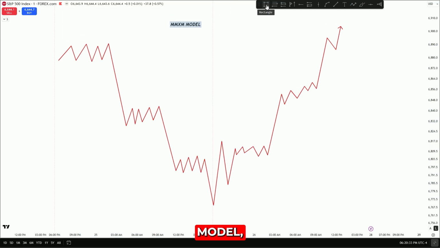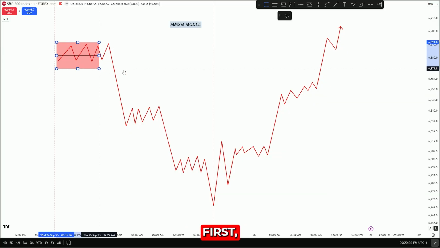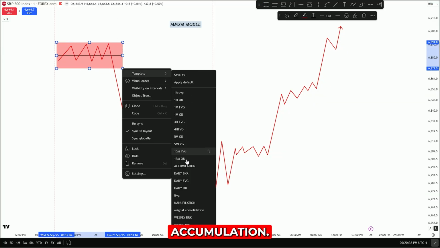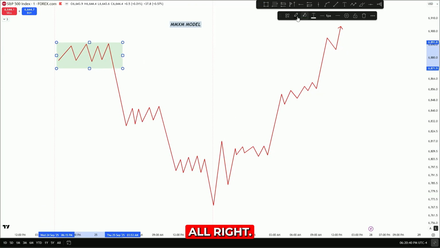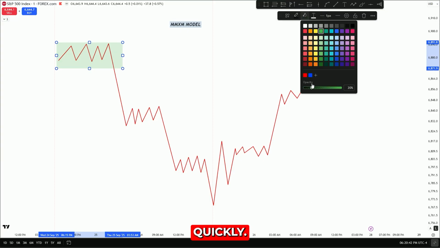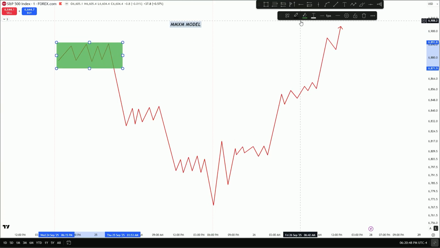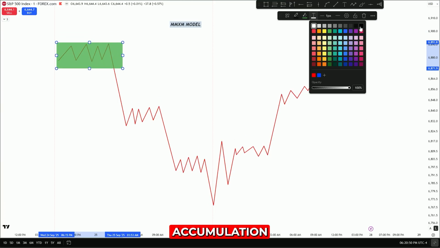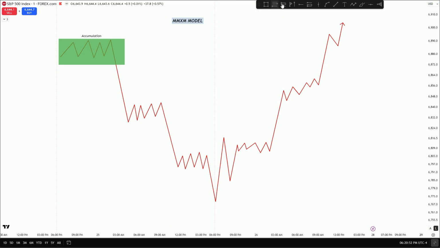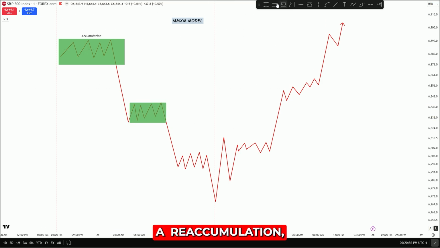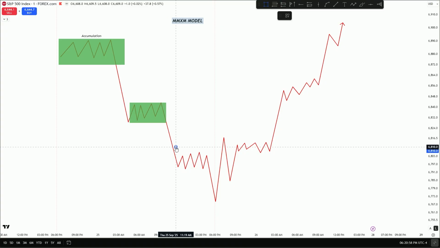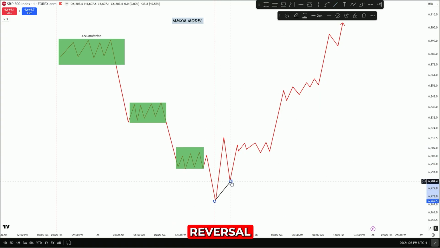Now, how does this all work? Let me clear one thing. In the MMXM model, there are three things. First, you're gonna see accumulation in the market, then you're gonna see a reaccumulation, then a reaccumulation, then you will see some sort of smart money reversal.